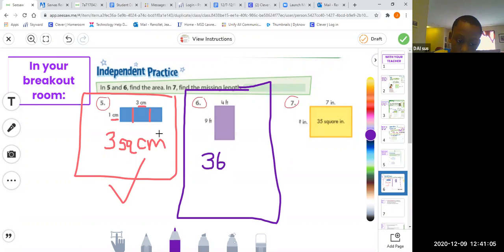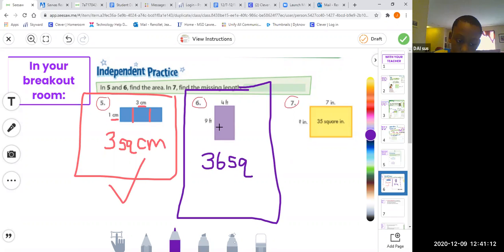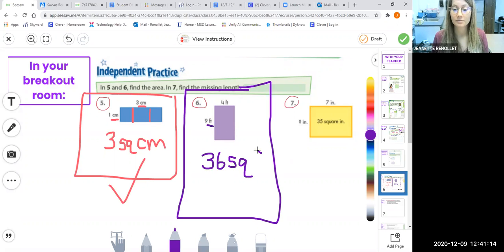And we say square units. Perfect, Day. We say square. In our units, the name is feet, square feet inside this shape. Great job. Check. Do you have the correct answer for number 6? 36 what? Soccer balls? No, 36 square feet. They told us they measured it in feet. Good. I see Nick is with me.